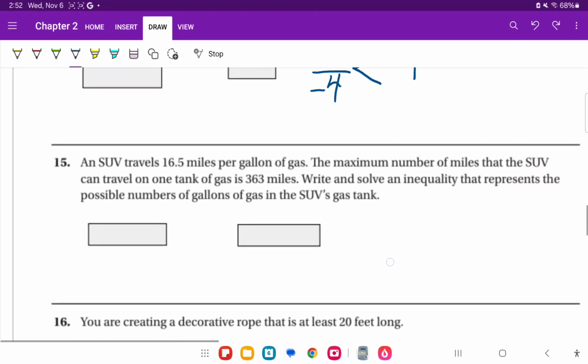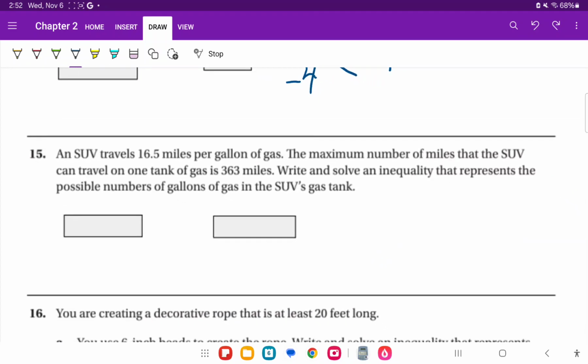All right, so number 15, an SUV travels 16.5 miles per gallon of gas. The maximum number of miles that the SUV can travel on one tank of gas is 363 miles. Write and solve an inequality that represents the possible numbers of gallons of gas in the SUV's gas tank. So that's like 16.5 G or 16.5x, one of those.